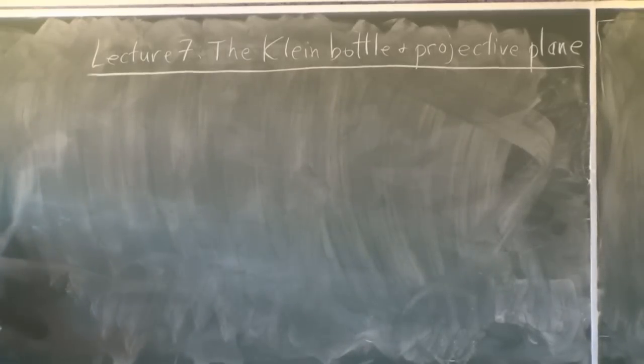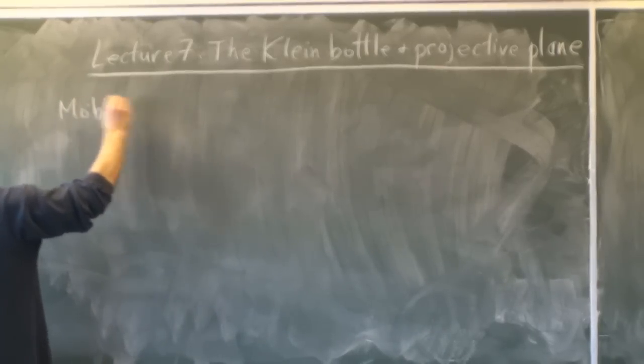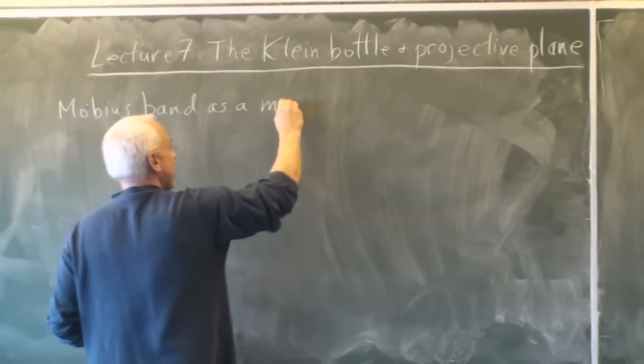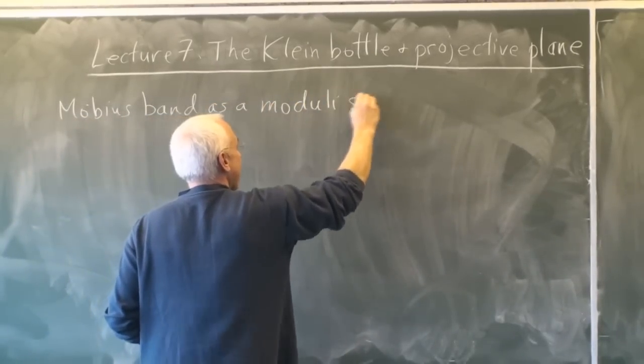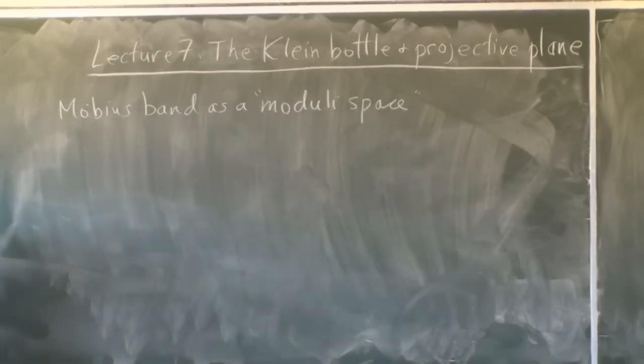Before I do that, I want to give you an example of the Mobius band as a moduli space. That's roughly meaning a space of possibilities.